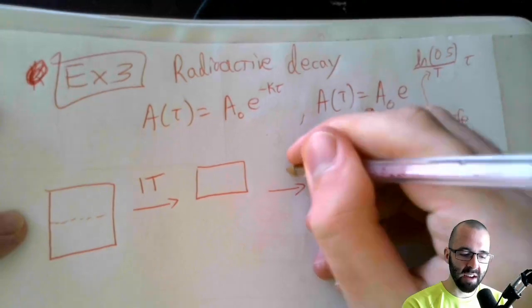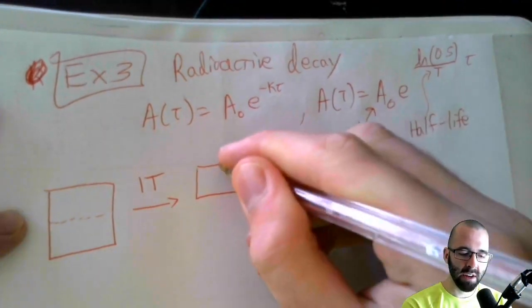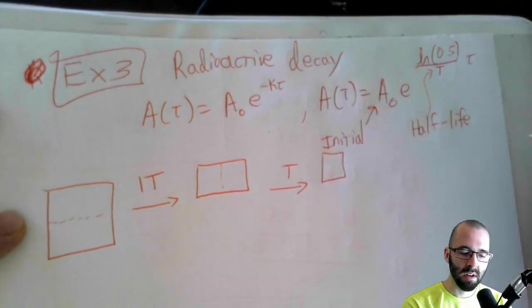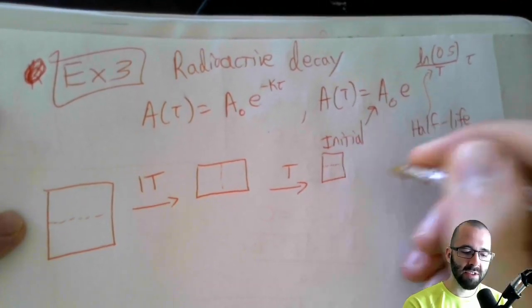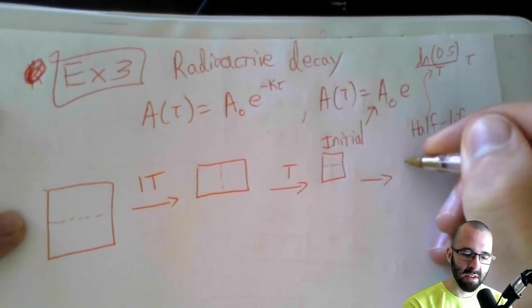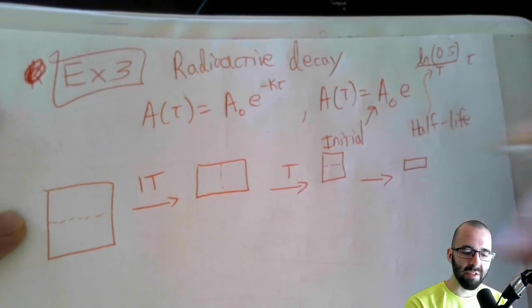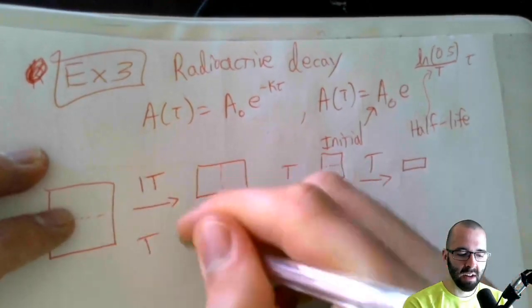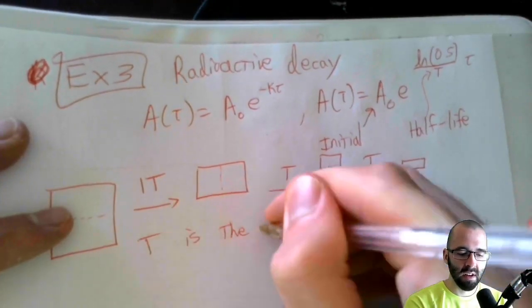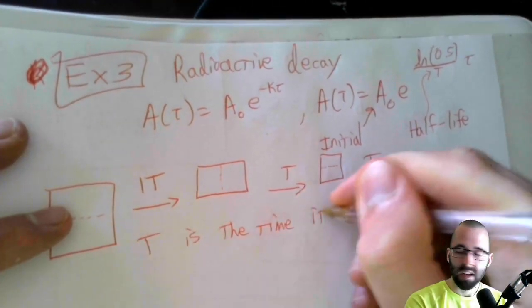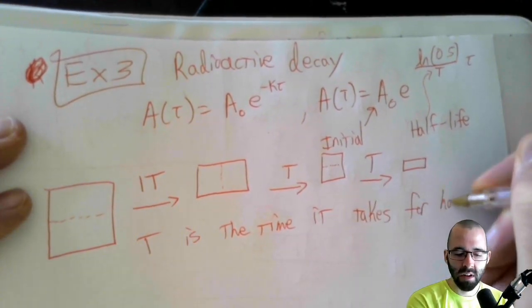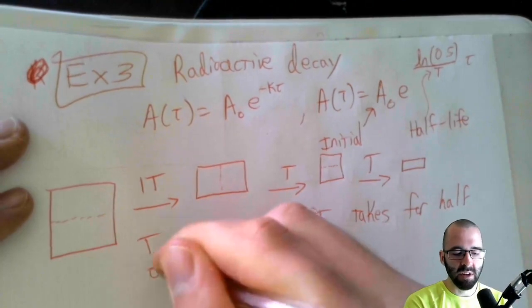After another half-life, another half decays, and then after another half-life, another half of the thing decays. Okay, so that's what half-life is. This is just a time. The time it takes for half of the material to decay.